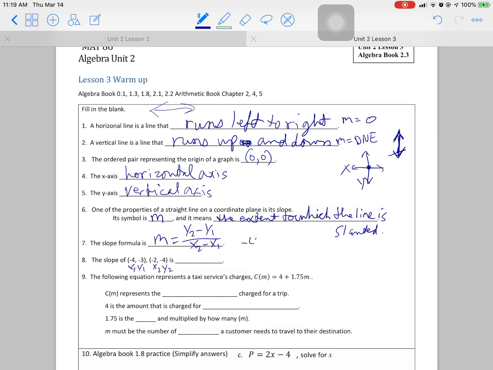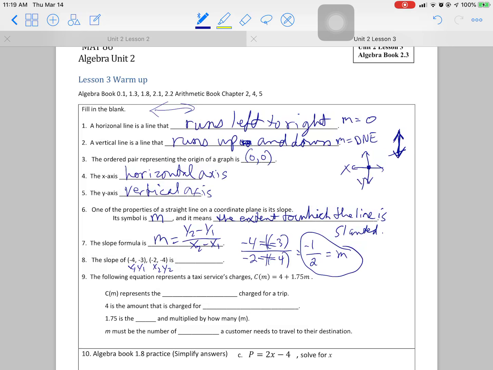So it would be negative 4 minus a minus 3 over negative 2 minus, oops, whoa, hang on. Negative 2 minus a minus, where'd I go? 4. Make these pluses. So this is negative 4 plus 3 would be negative 1 over negative 2 plus 4 would be 2. So this would be a negative 1/2 for my m.